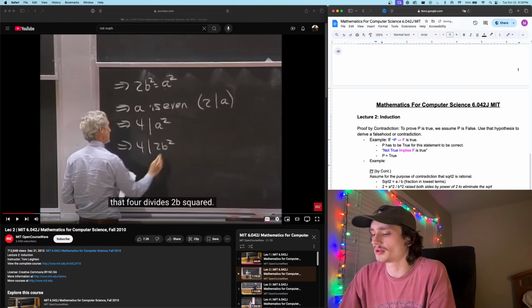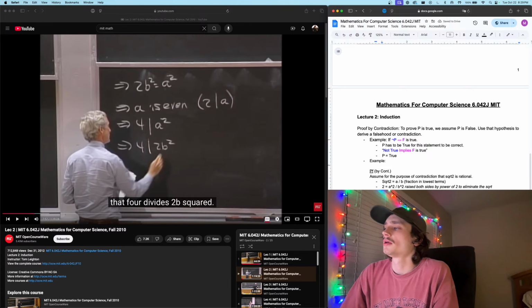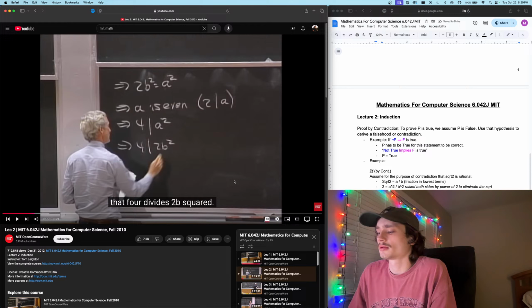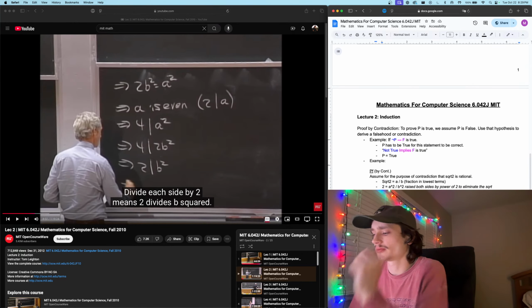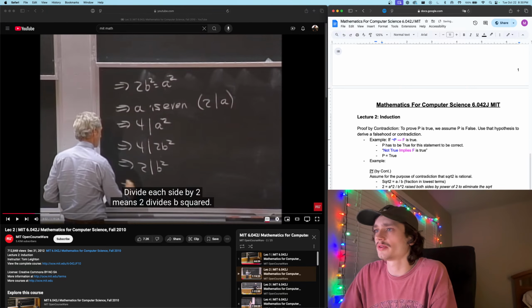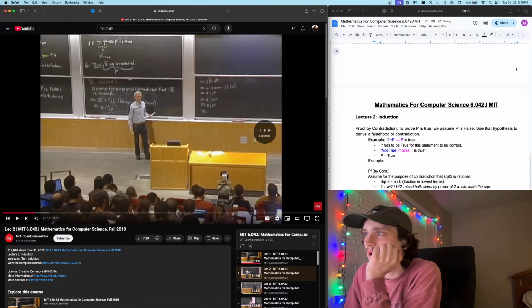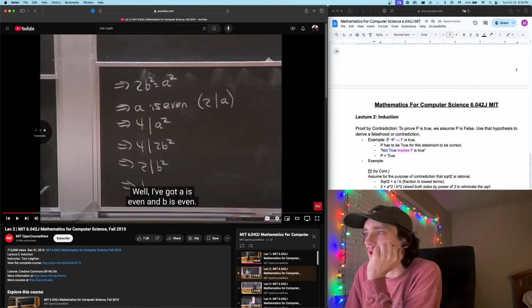I'm not sure why. 4 divides 2b squared. So then this reduces down to 2 divides b squared, right? And then b is even.